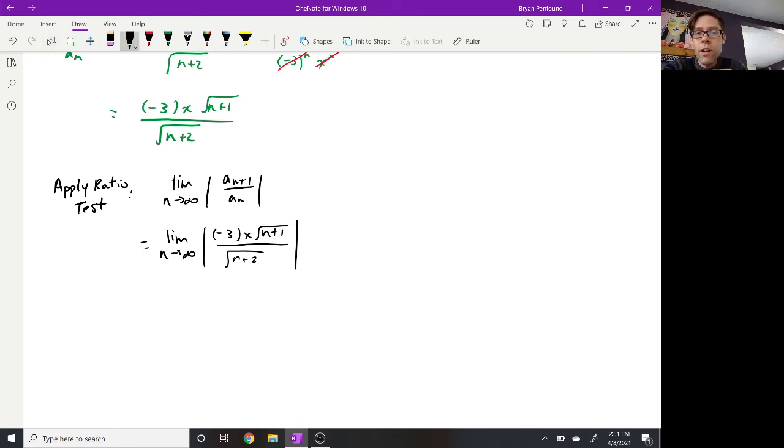So anything underneath the square root is going to turn out to be a positive number, right? So since n is positive, this square root is going to end up being a positive value. The negative 3 is always negative, so we're going to have to change that to a positive 3.